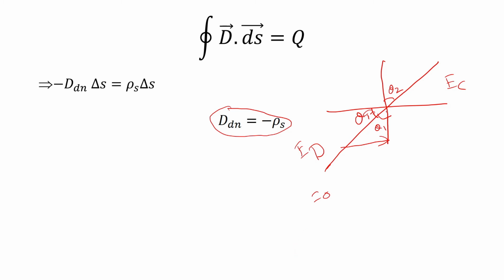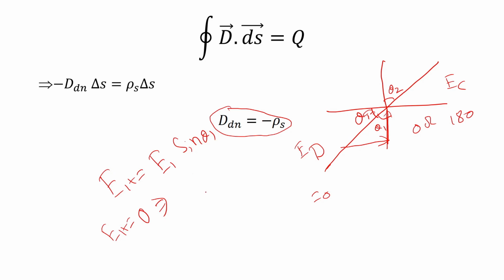That means the angle with the normal is 0 or 180, because E1t, as you know, is equal to E1 sin theta 1. E1t equal to 0 implies sin theta 1 equals 0. Therefore, theta 1 is equal to 0 or 180.